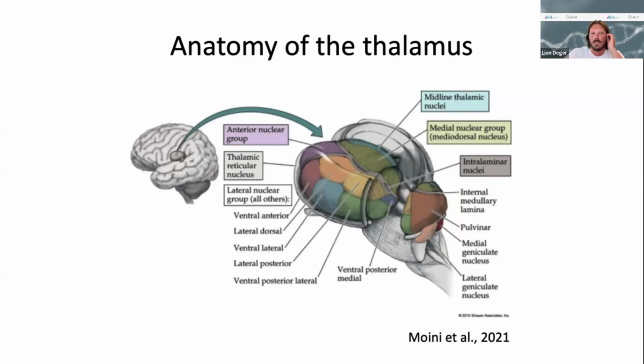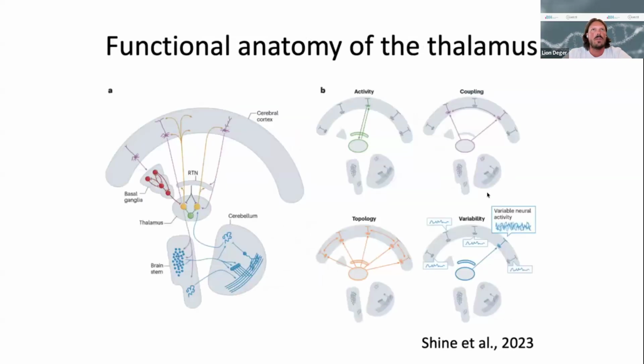So the thalamus is a hub region containing several different nuclei that you can segregate based on different criteria. And functionally, it serves different purposes. So for one, it serves as a relay to bring sensory information from, for example, the eyes or the ears or whatever to the cortex.